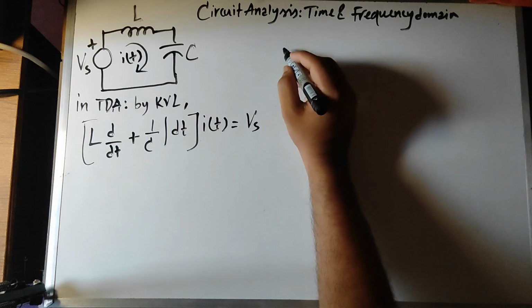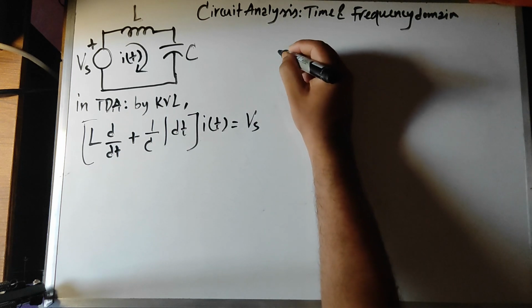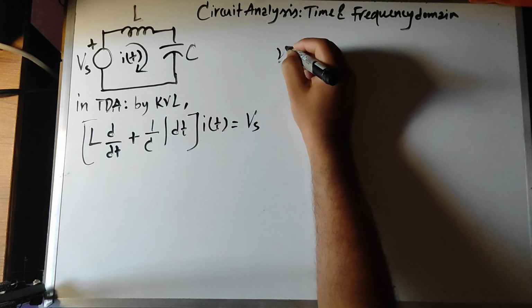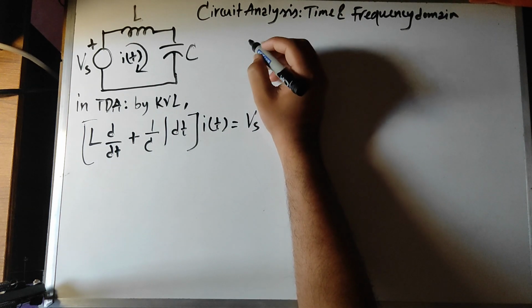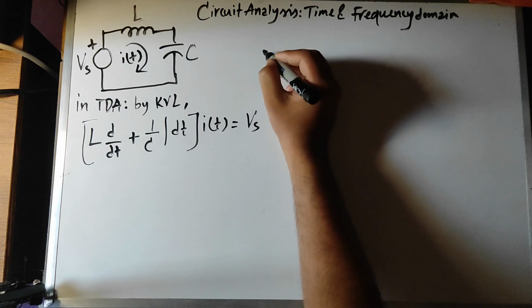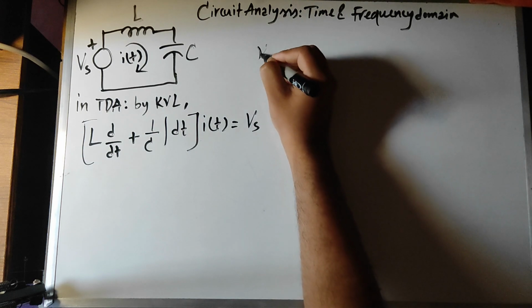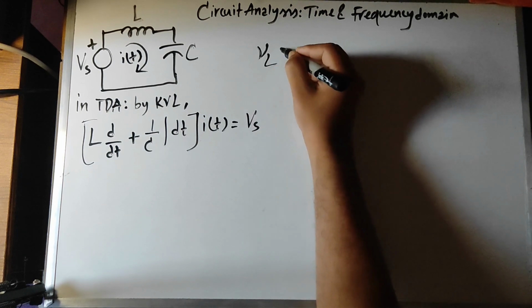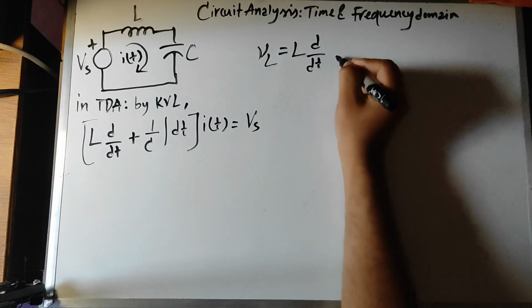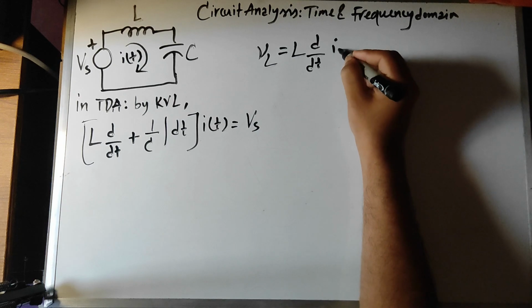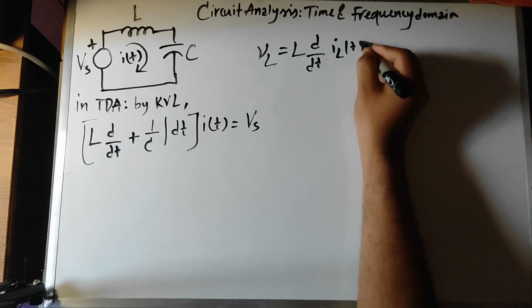For current through the inductor, the voltage across the inductor is VL equals L d/dt of i_L(t).